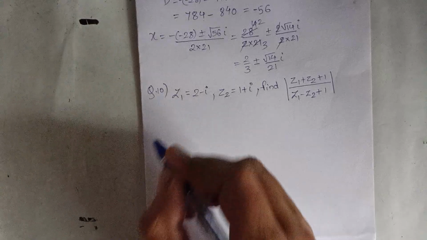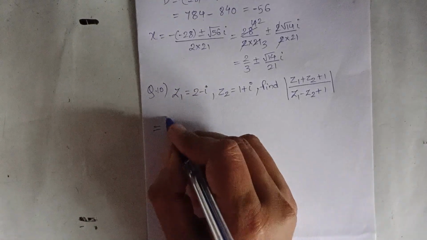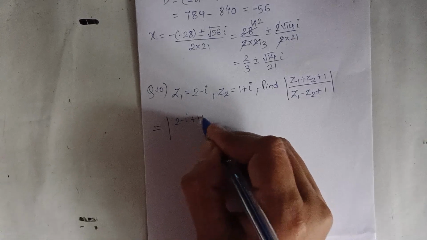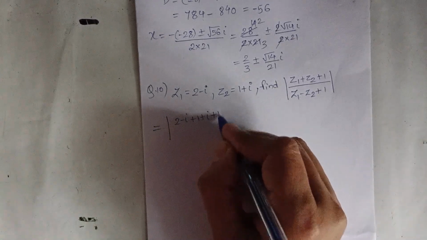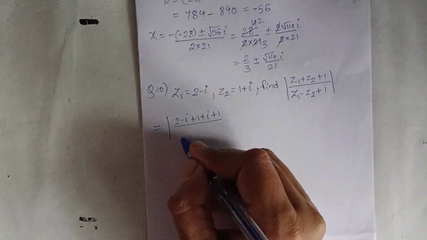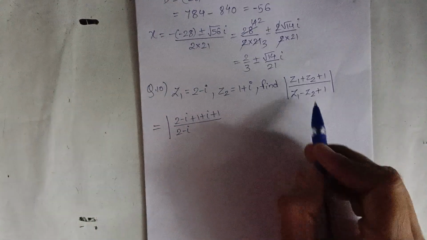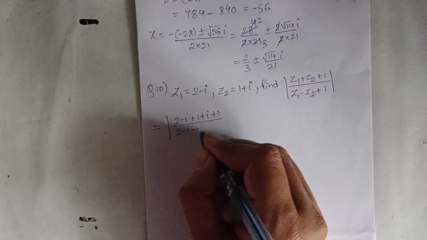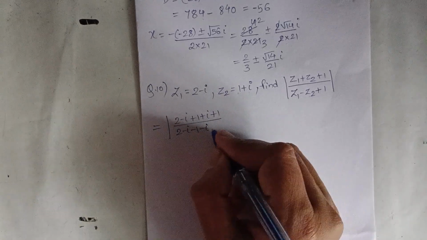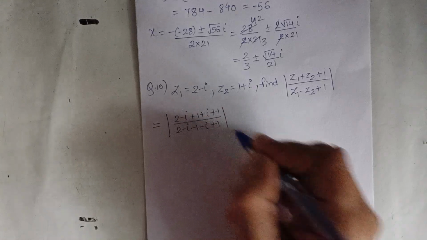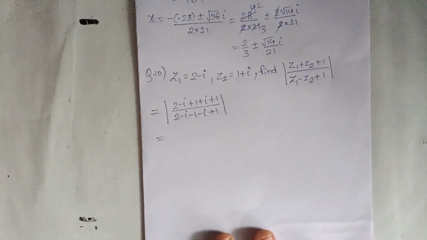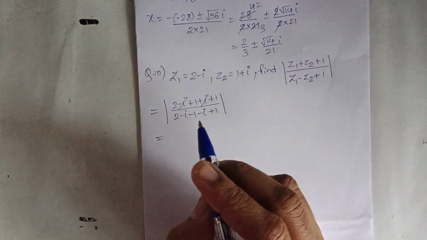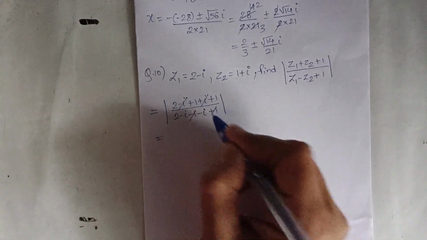So directly you put the values: z1 plus z2 plus 1 upon z1 minus z2, this becomes minus, this becomes minus, plus 1, minus i plus i, minus 1 plus 1.